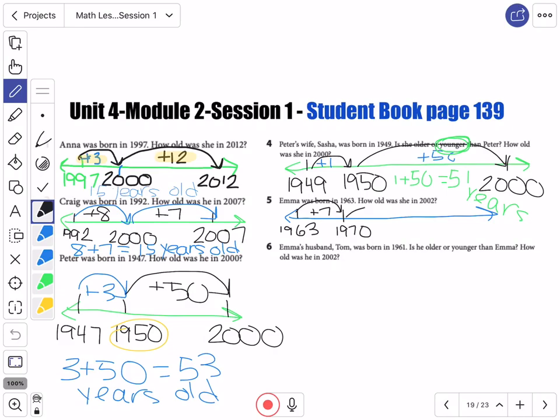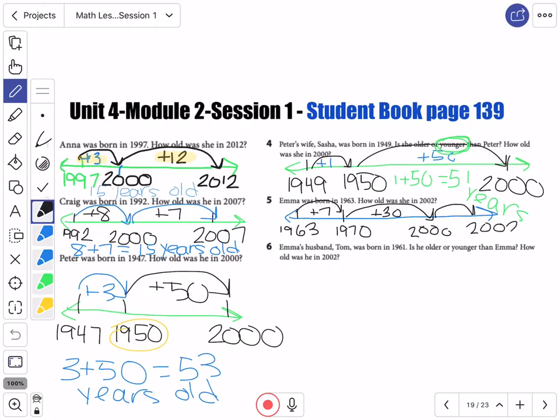So 2000, to jump from 1970 to 2000, that is another 30 years, because from 70 to 100 would be 30 years. So from 1970 to 2000 would be another 30 years. All right. I'm not quite there yet, though, because I don't need to get to 2000. I need to get to 2002, right?